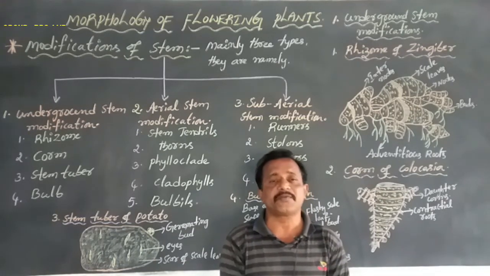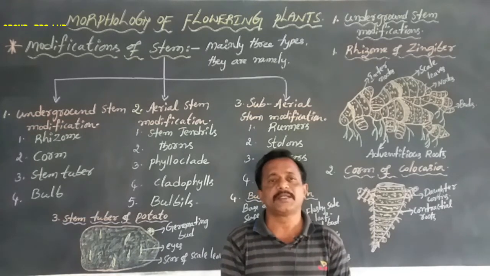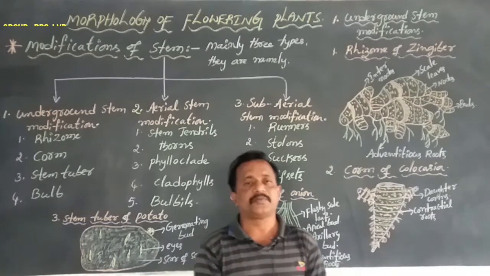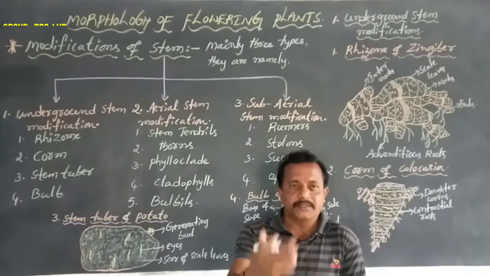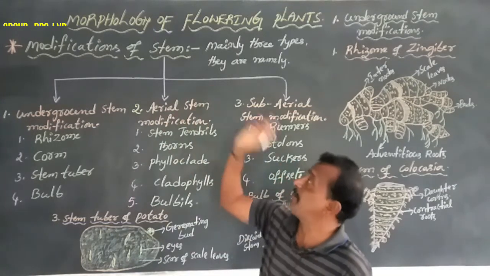Modifications of root are of 8 types. We already discussed the modifications of root in detail in previous classes. So today we will discuss the modifications of stem.